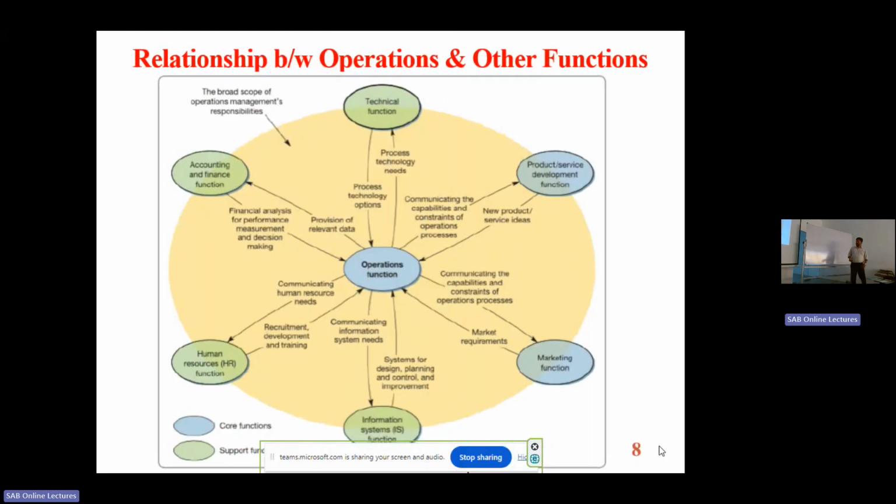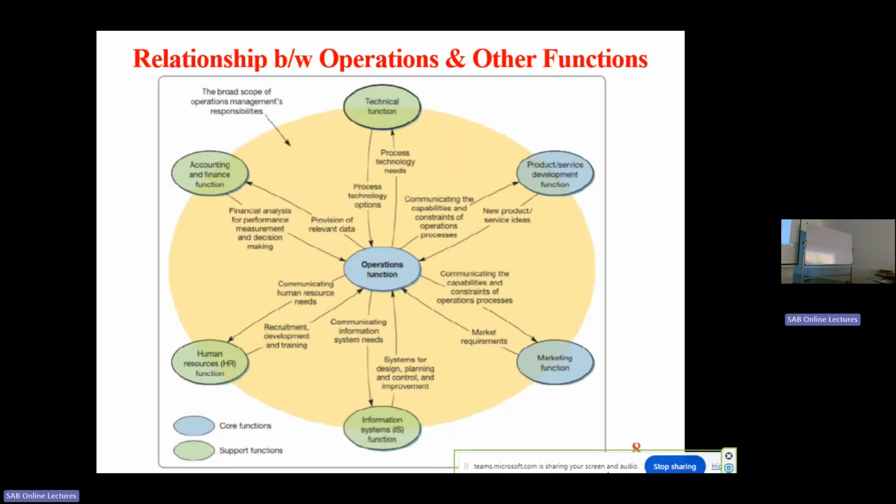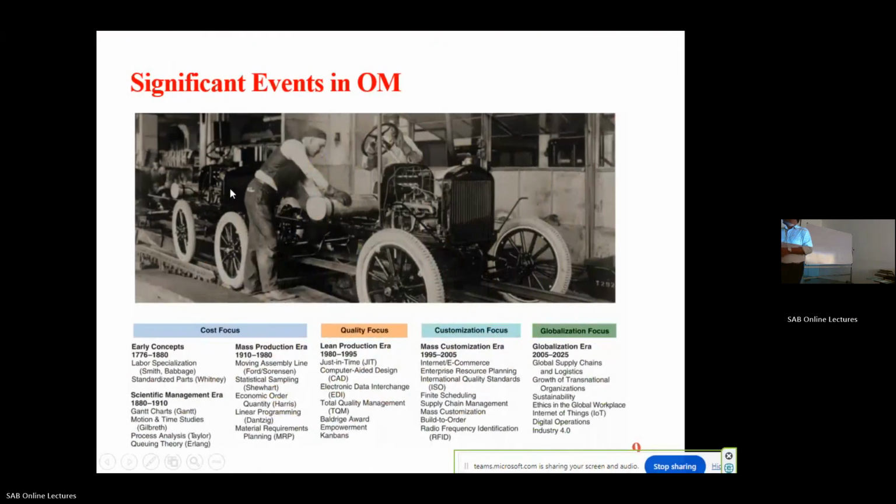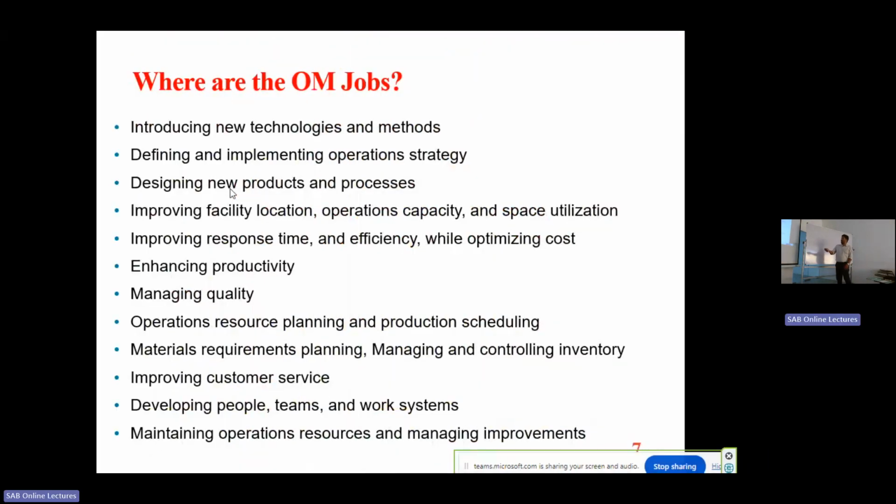Now, as you see here, how are operations managers supposed to work? It's all about managing the operations function. Operations managers are responsible for managing the operations department, the operations function, and for making these decisions as I identified.